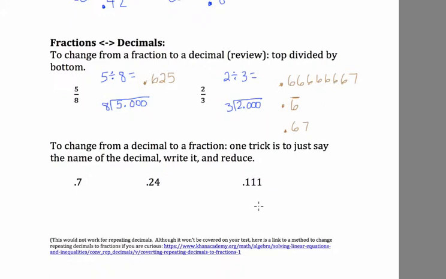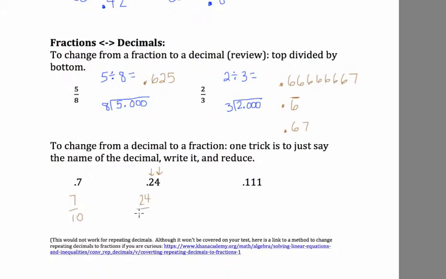To change from a decimal to a fraction, there are a few tricks here to use. One trick is just to say the proper name of the decimal. For example, if you have 0.7, that 7 is in the tenths place. So just say it, 7/10. There you go, 7/10. And you'd reduce if you could. Here, 0.24. Well, this is the tenths place, and this is the hundredths place. So that's 24 hundredths.